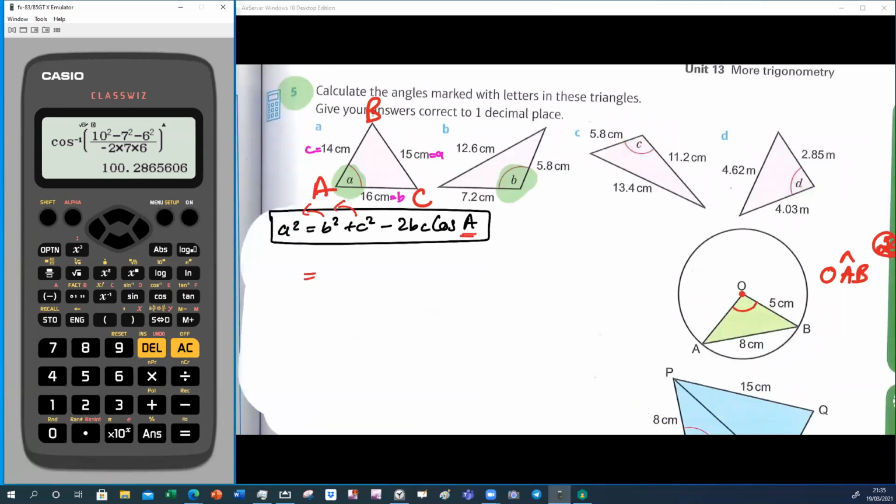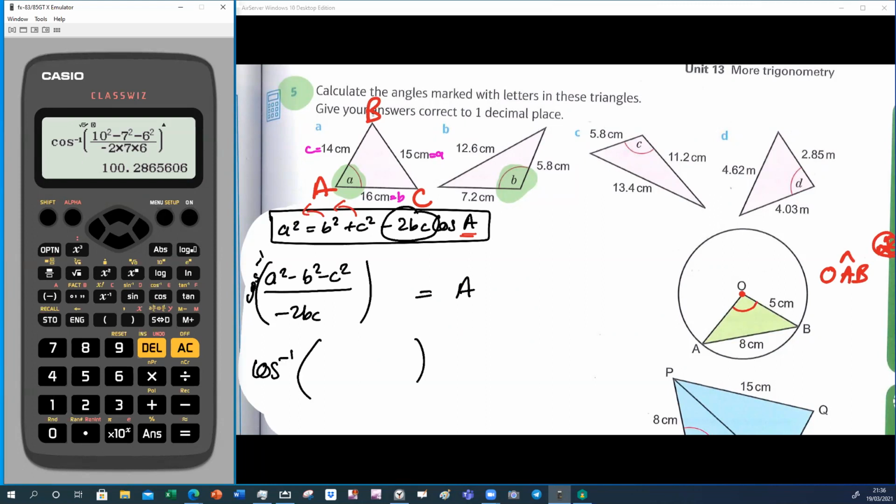Okay, so let me do that. We have A squared minus B squared minus C squared, and then divided by minus 2BC. And then we're going to do the cos minus 1 of it, because it'll bring the cos over as well, and that leaves A on the side.